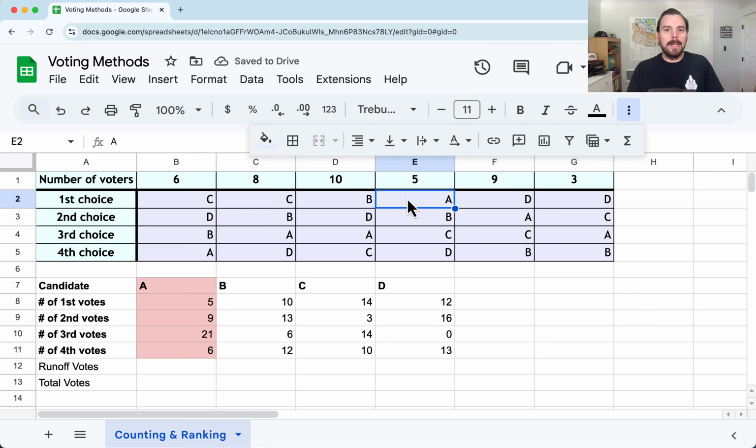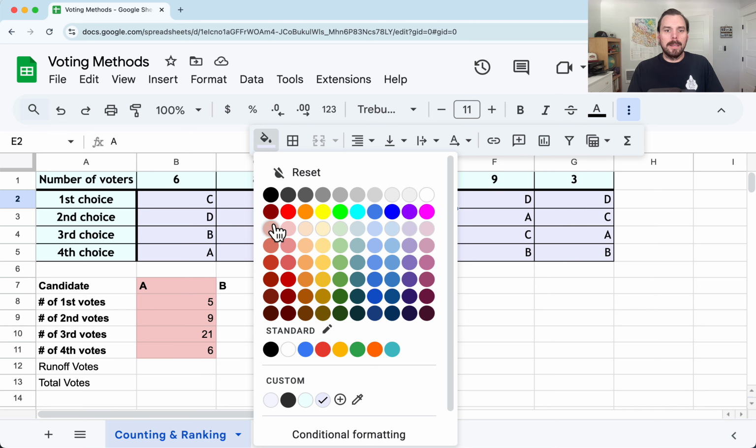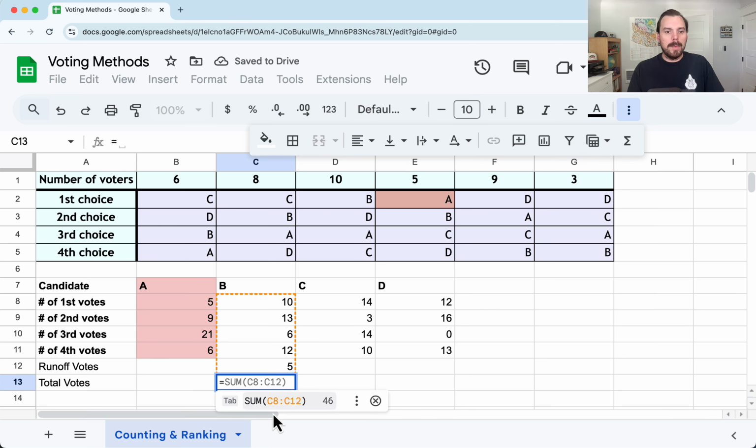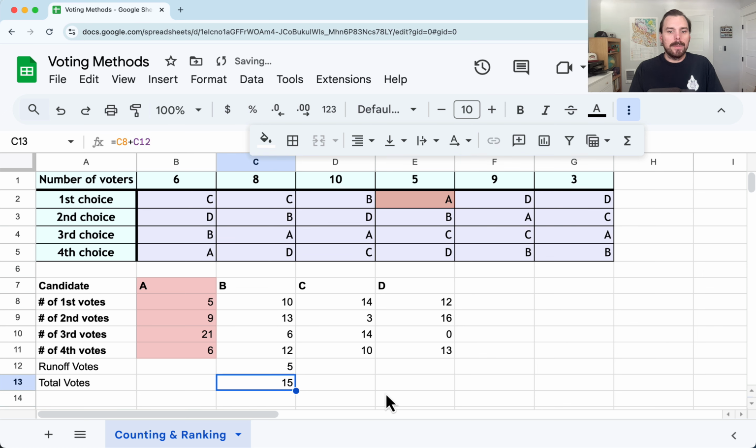And I will look for any column where A is in first, and I'll mark that as well. And now B is going to get the votes from that column. So it's essentially like I'm taking these 5 votes for A and moving them over to B. Go down by 5, go up by 5. So that means we'll have 5 runoff votes for B, and the total will be C10 plus C12, and I could do the same thing all the way across this row.